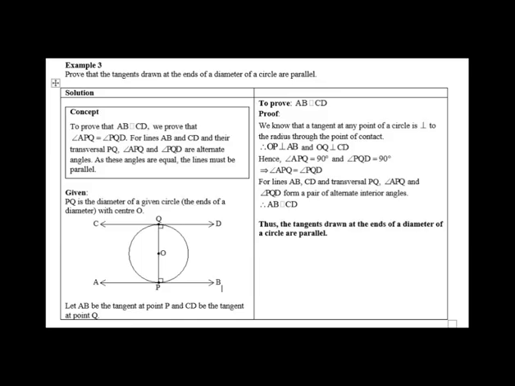For lines AB, CD and transversal PQ, angle APQ and angle PQD form a pair of alternate interior angles. Therefore, AB is parallel to CD. Thus, the tangents drawn at the ends of a diameter of a circle are parallel.